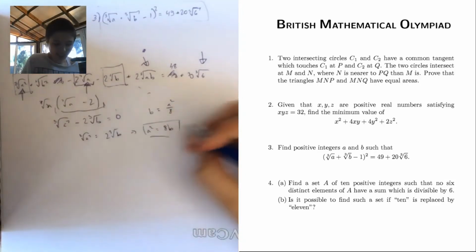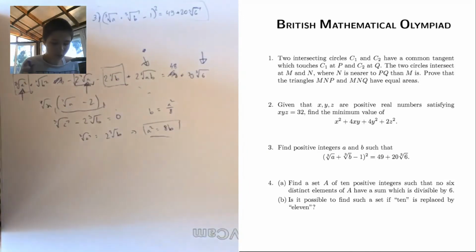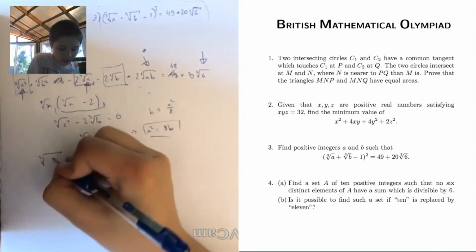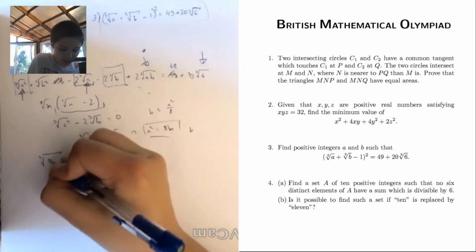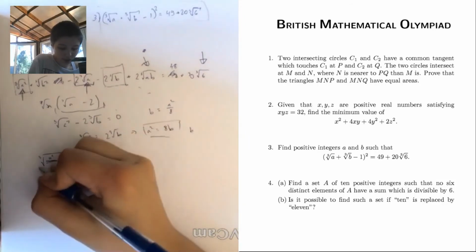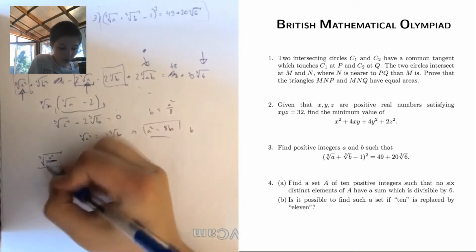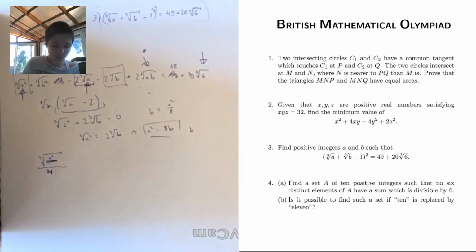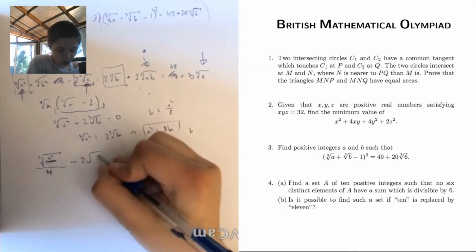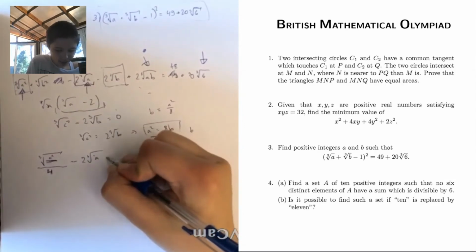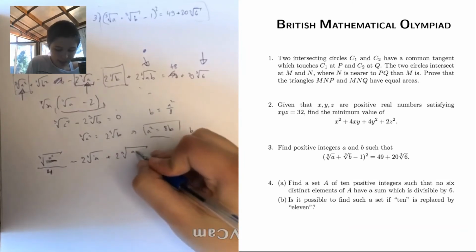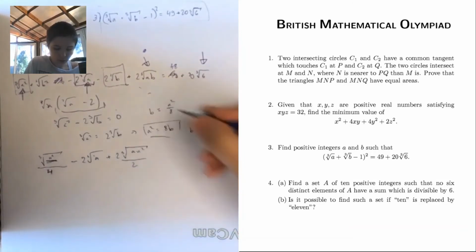Maybe, just maybe, we'll find something good. Then cube root A squared and 2 cube root A already cancel out, so let's not look at that. Then cube root B squared is going to be, B is equal to A squared over 8, so that's A to the 4 over 8 squared. So I'm just going to put this over 4 because I know that the cube roots cancel out for the 8, and then minus 2 cube root A plus 2 cube root of A, and then A squared over 2 because it's over 8.